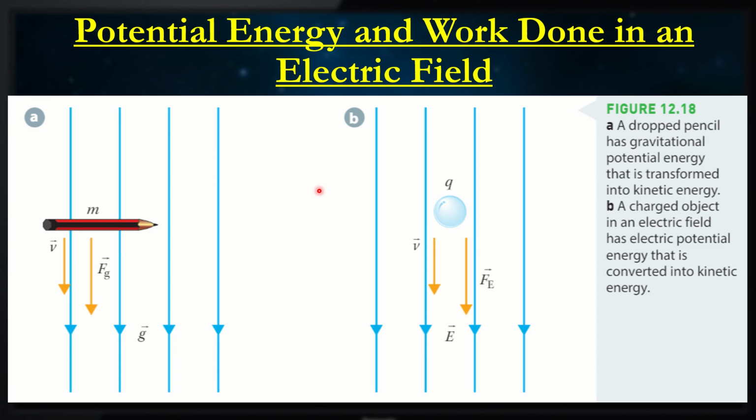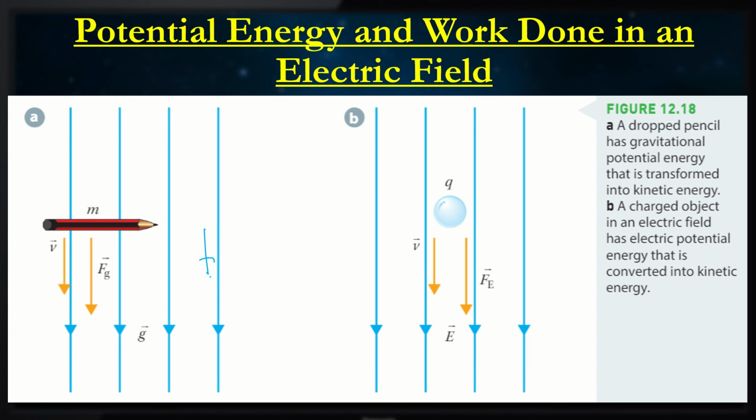The next bit is working out the kinetic energy that a charge will experience when you move it through an electric field, similar to an object going through a gravitational field. If a mass is falling due to gravity, it's gaining kinetic energy. Same idea applies if it's a charged particle moving through an electric field.